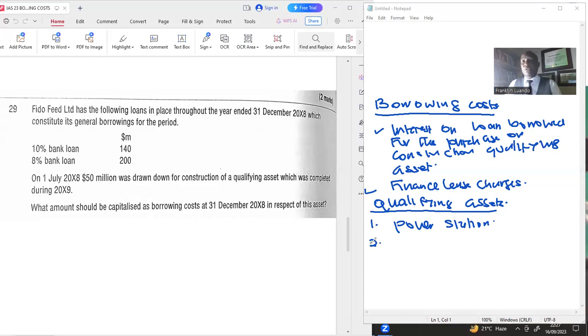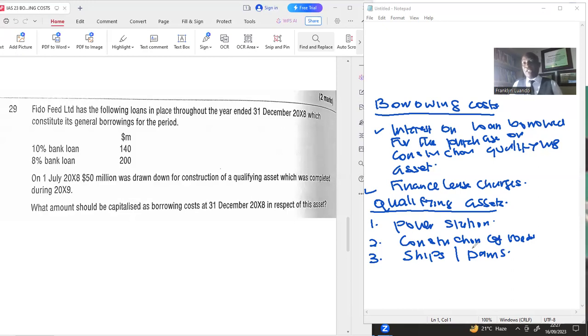Number 2, construction of roads. Construction of ships. Construction of dams. So those are some of the examples of the qualifying asset because they take a substantial period of time to be ready for use or for sale.